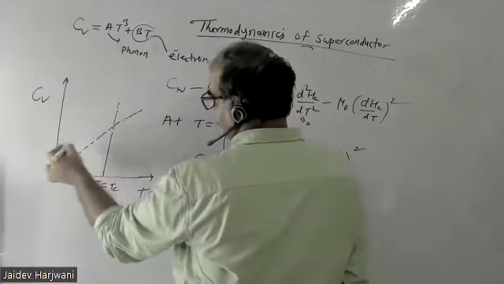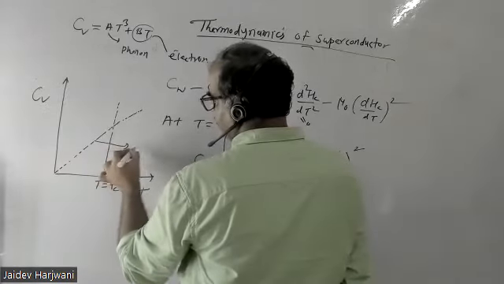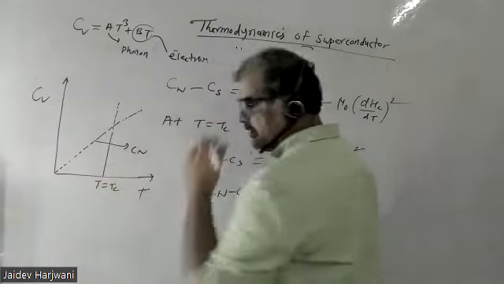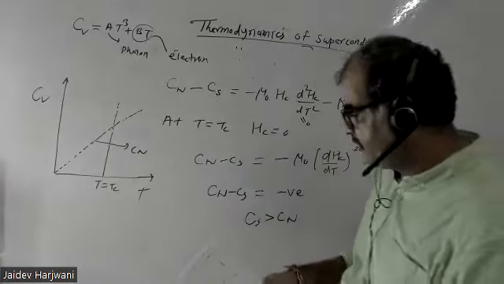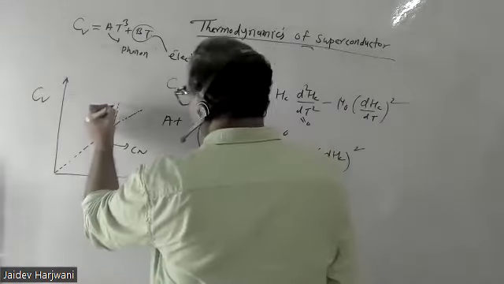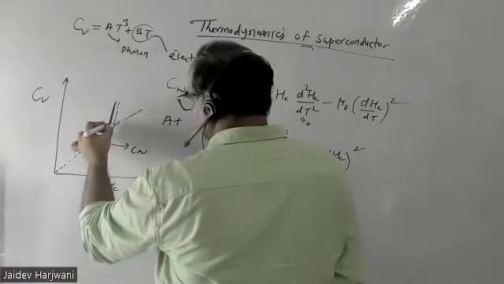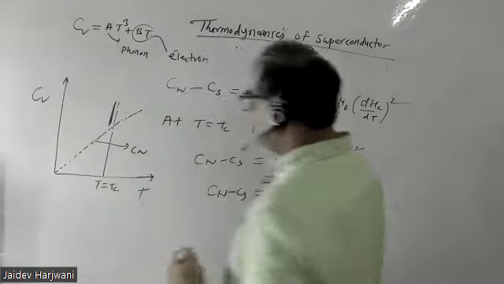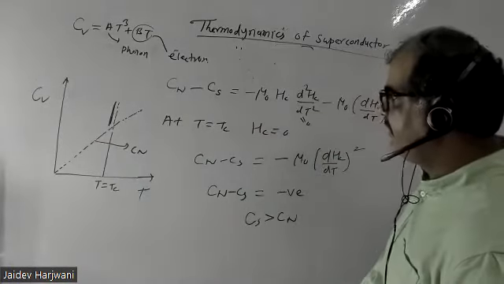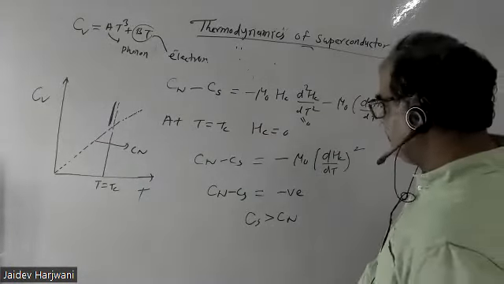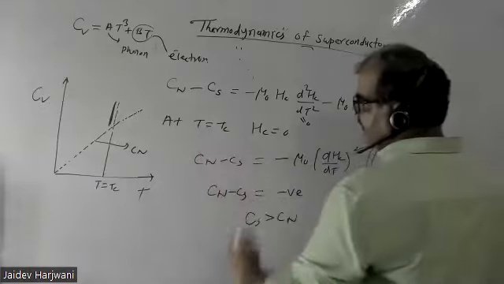This is Cn. It has a discontinuity. It has a very high value compared to this one. It will start somewhere here. That is a discontinuity, at T equal to Tc.